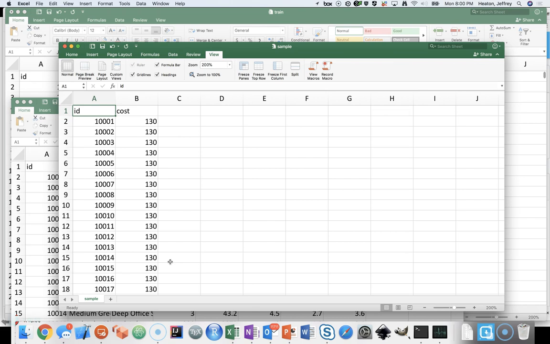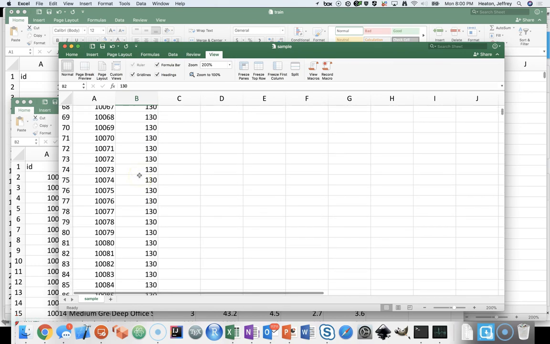So I don't know, say I had to write a model to predict the average GPA for a student at Washington University. What would be a very good, just baseline, really stupid model would be if I just took the average GPA of all of the students. And that's what I did here. I took the training data set and I calculated the average cost, which is 130, which is a total dartboard calculation.